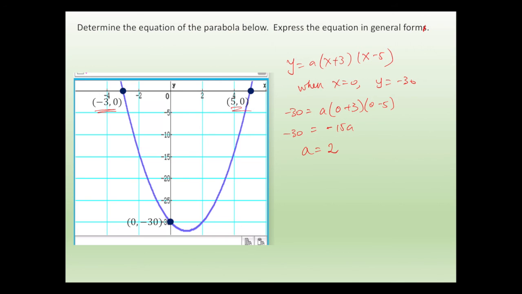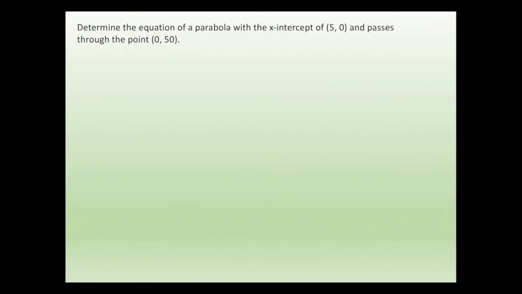Therefore, a = 2. So therefore, y = 2(x + 3)(x − 5). In the general form, it is 2(x² − 2x − 15), which is 2x² − 4x − 30. See, this one is the y-intercept.